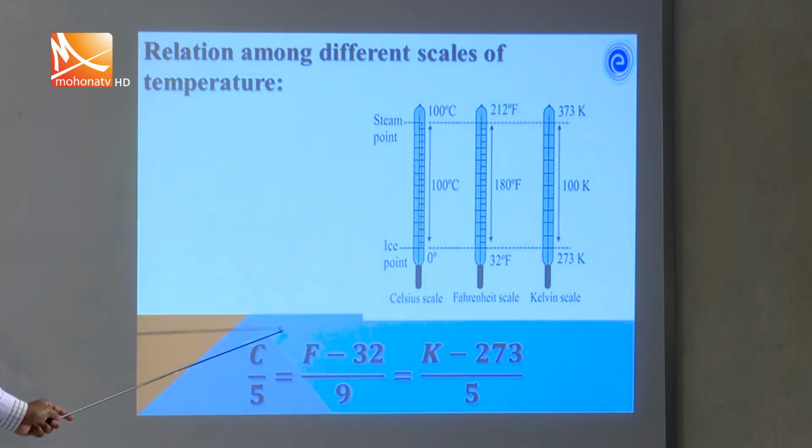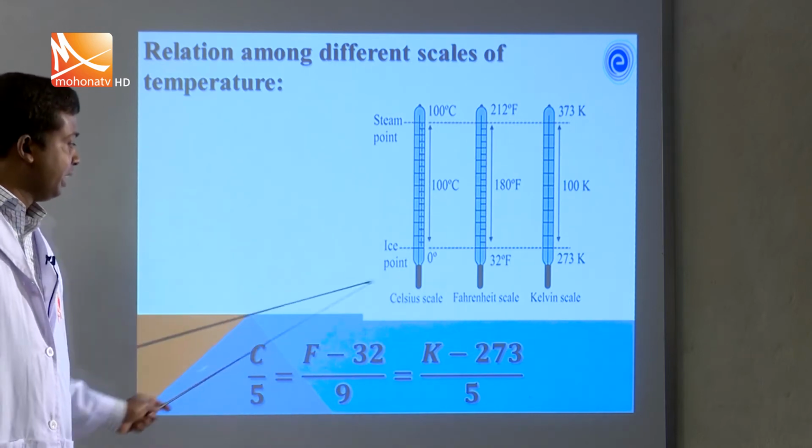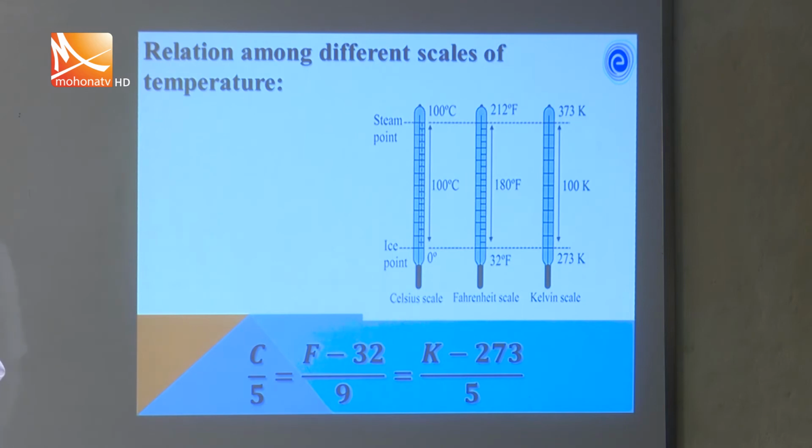That is C by 5 equals F minus 32 by 9 equals K minus 273 by 5. These are the relations among these international scales you have already learned in class 9 or 10. So, you can solve any mathematical problem related to this formula. If a temperature is given in Fahrenheit, then you have to calculate it in the Celsius scale by using this relation you have already learned in class 9.